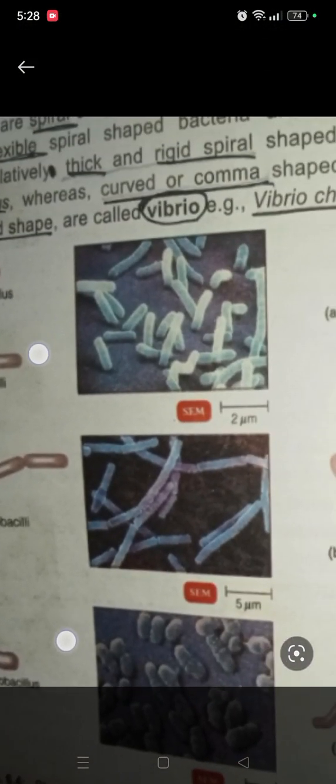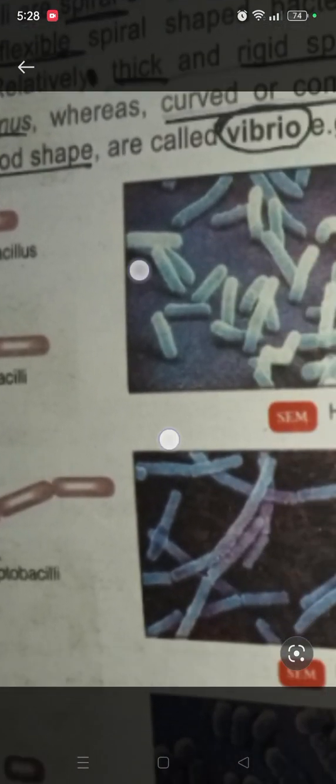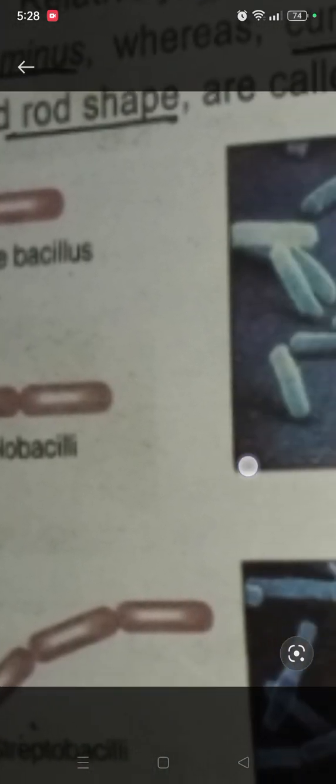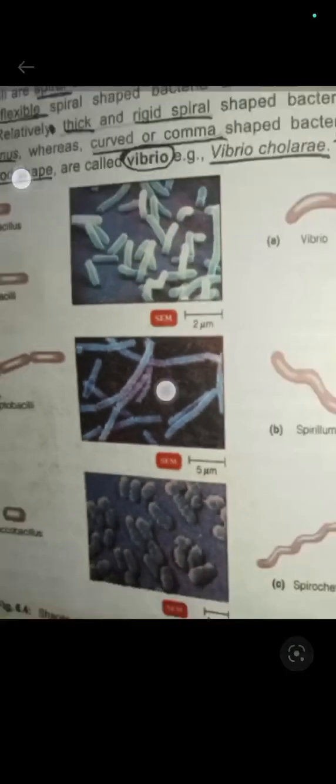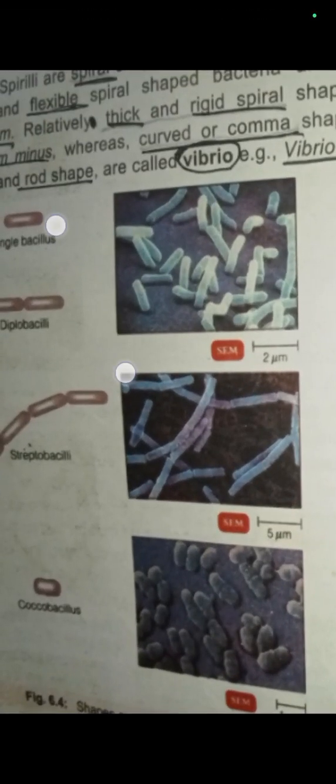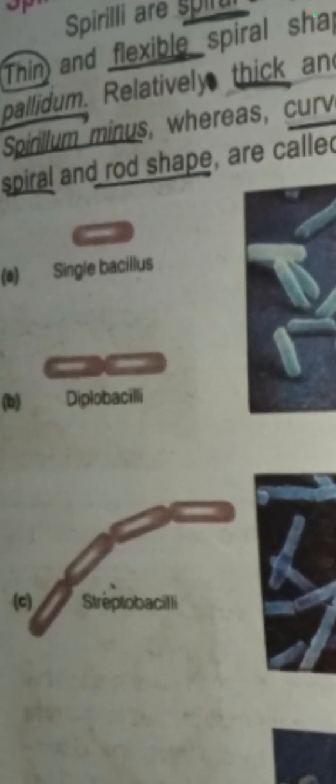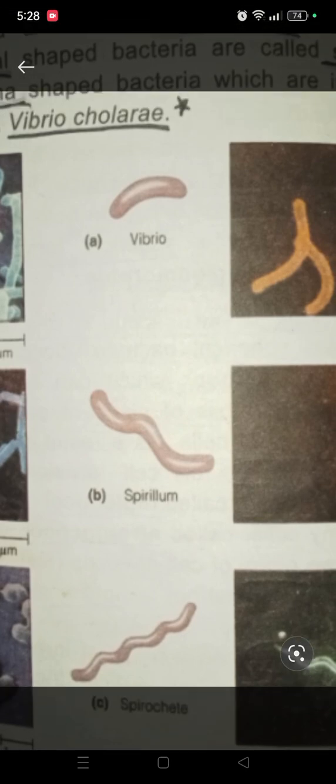So you can also see in the pictures a single type of structure, that's single bacillus. When you see two, like a chain, here in this picture you will see both single and diplo, because you'll see both types. Here is a chain only, so that's called streptobacilli, and this is cocci bacilli, with only an ending like structure.